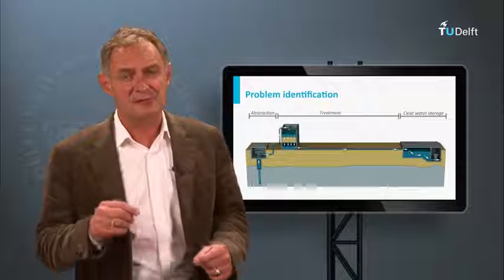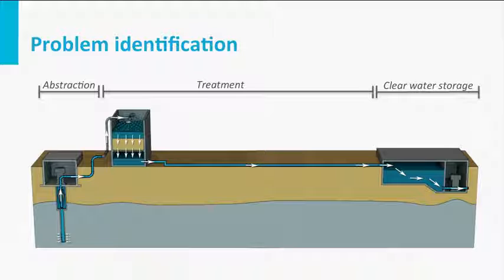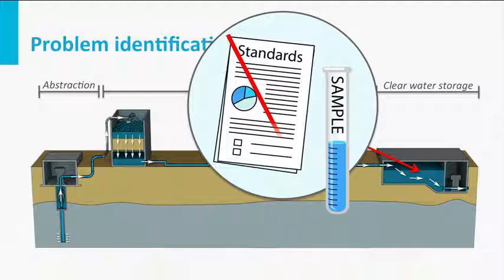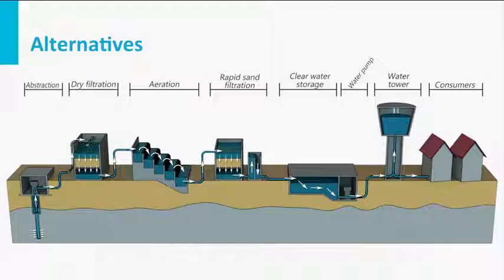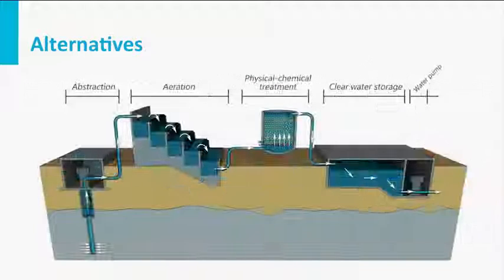The design phase starts with the identification of a problem. The water quality does not meet the drinking water standards and an extension of the existing treatment plant is needed. Then alternative solutions have to be identified.